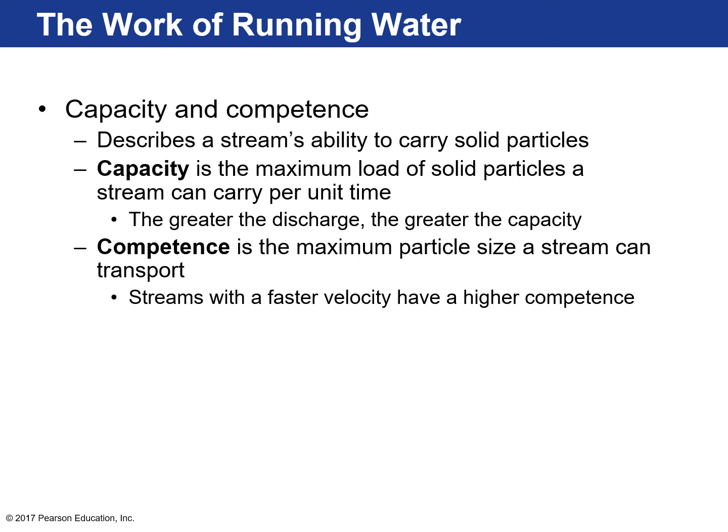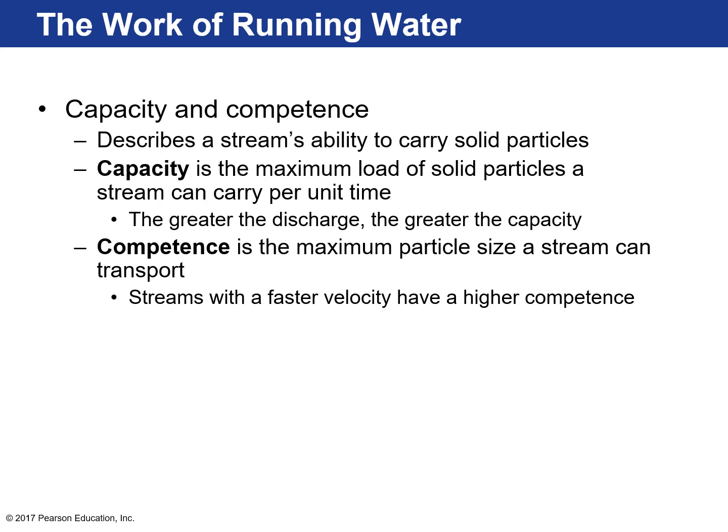Okay, there's two terms that describe the stream's ability to carry solid particles. One is capacity. That's the maximum load of solid particles a stream can carry per unit time. This is related to discharge. A river that has great capacity is a river that's got a lot of water in it.